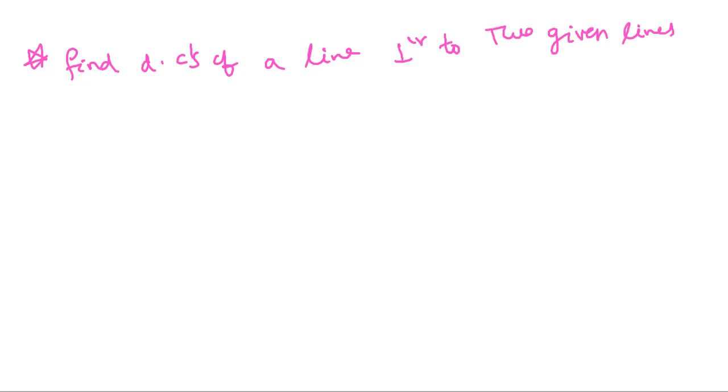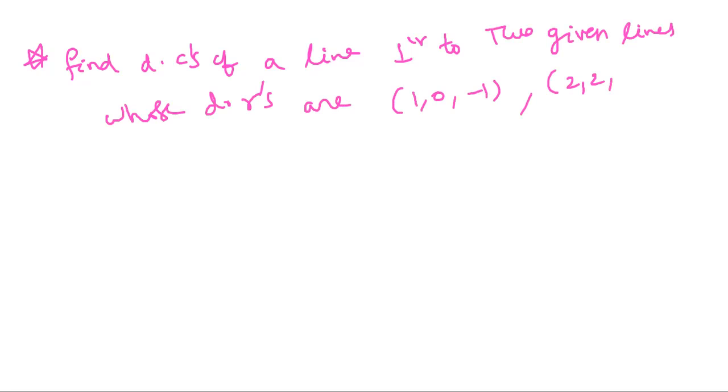Find the DCs of a line perpendicular to two given lines whose DRs are given by say 1, 0, minus 1 and 2, 2, 2. It's like playing with 3D and vectors together.